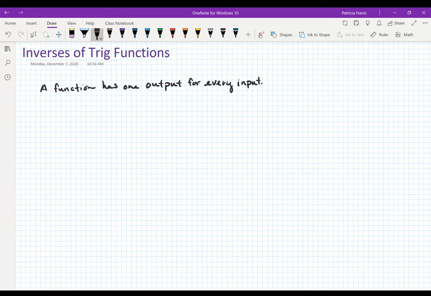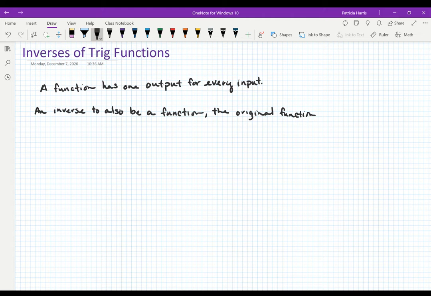Now, for an inverse to also be a function, the original function must be 1-to-1.